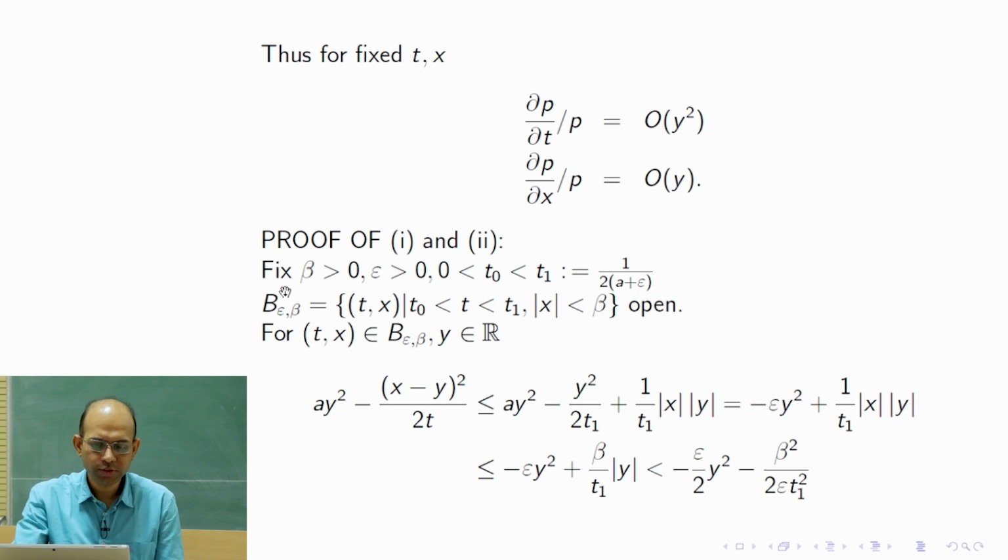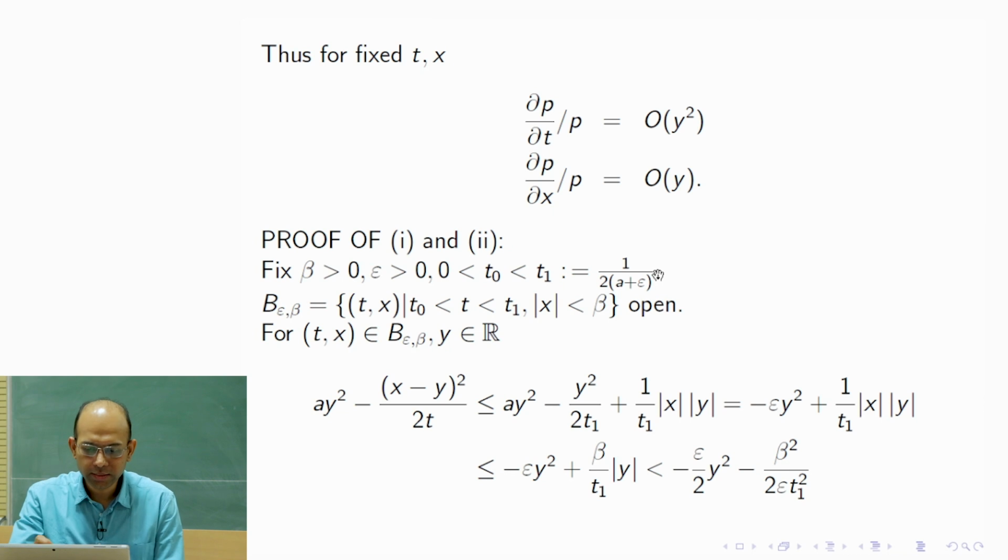We first fix beta positive, epsilon positive, and also T naught positive, and T1 is more than T naught. T1 is defined by 1 over 2 times A plus epsilon. Whatever epsilon you choose, we take it this way.